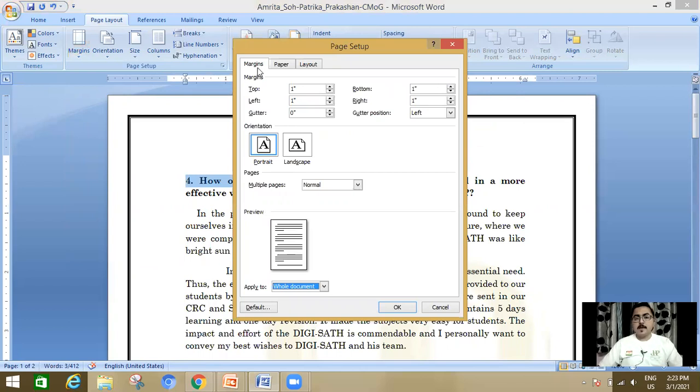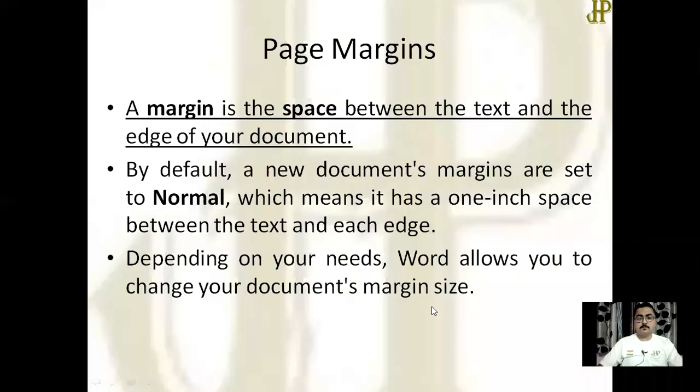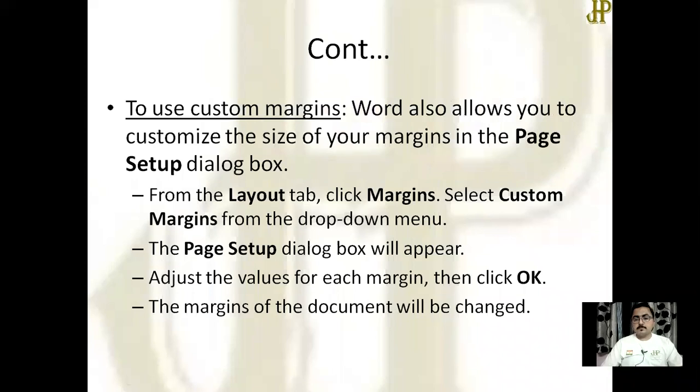In the margin tab, you can select top, left, bottom, right, and change accordingly. Okay. So I think margin, orientation, size are very clear to you. I have already covered how to change manually.